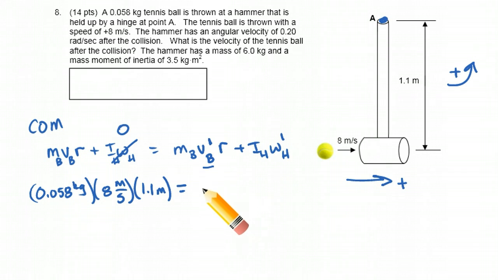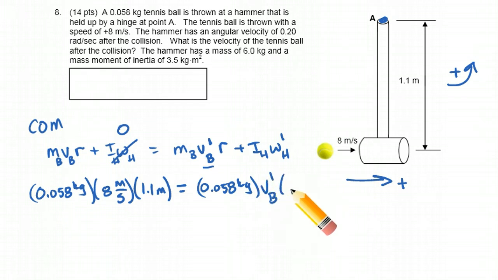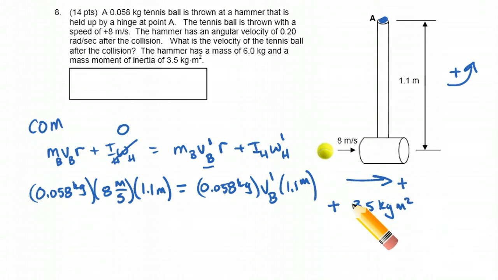Okay, that's equal to those same terms, 0.058 kilograms VB prime times 1.1 meters, plus I of the hammer, 3.5 kilogram meter squared, and that angular velocity given after the collision, 0.2 radians per second.